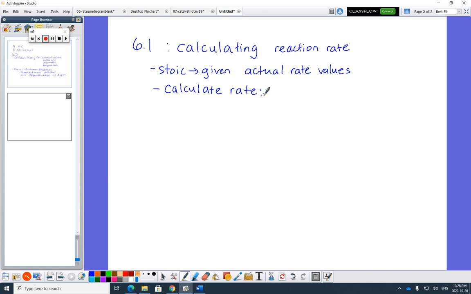Just straight up calculating rate. So the first question on the review, I think, is just calculating rate. And then we had to do slope. So slope was rate because it was y2 minus y1 over x2 minus x1. That's how they're related. So we did two kinds.